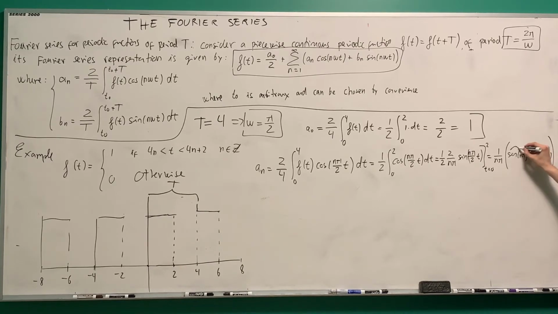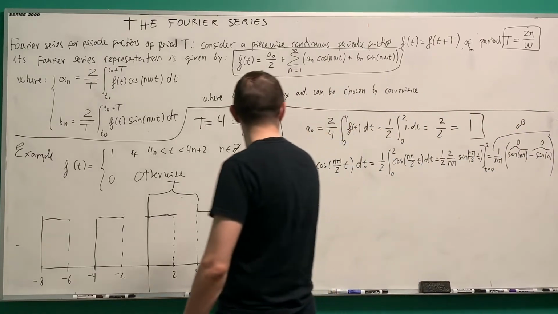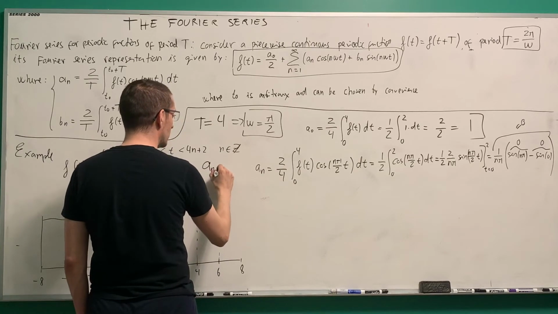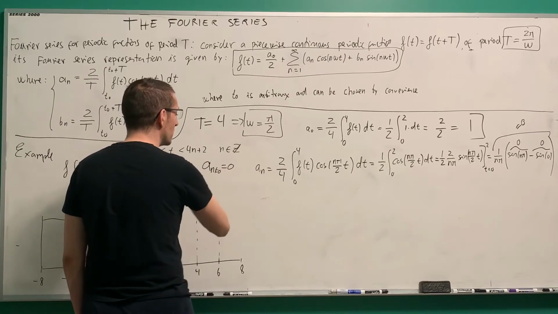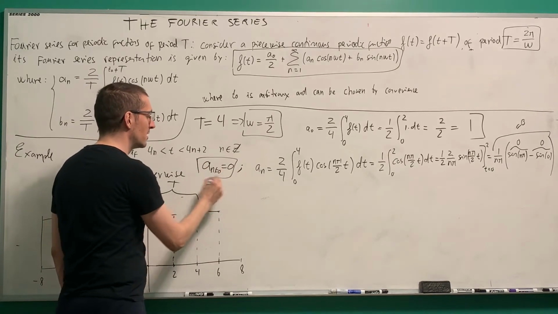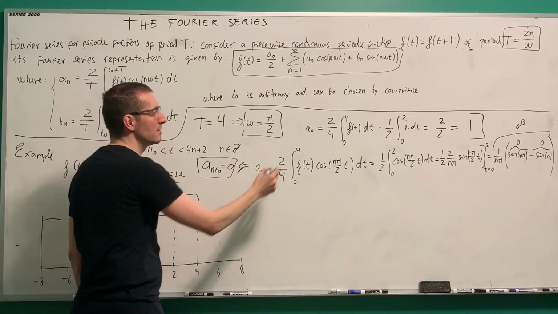But this is 0 for any integer n, and the sine of 0 is 0. So the whole thing is 0. All right, so An different from 0 is equal to 0. This is the result that we got out of this calculation.